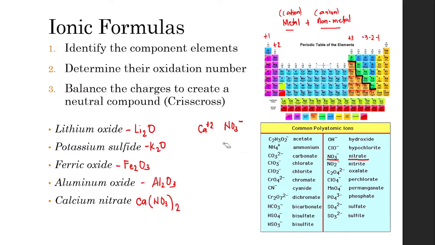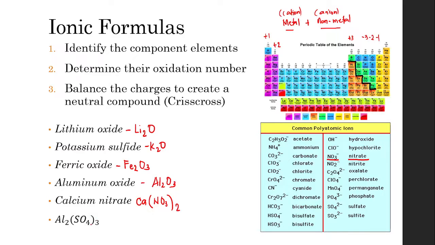Again, if you use the crisscross method, it's telling you that you would have 1 Ca and 2 NO3. Okay, so that's how you write the ionic formula with polyatomic ions. It's basically the same thing as with monoatomic ions. It's the same principle.